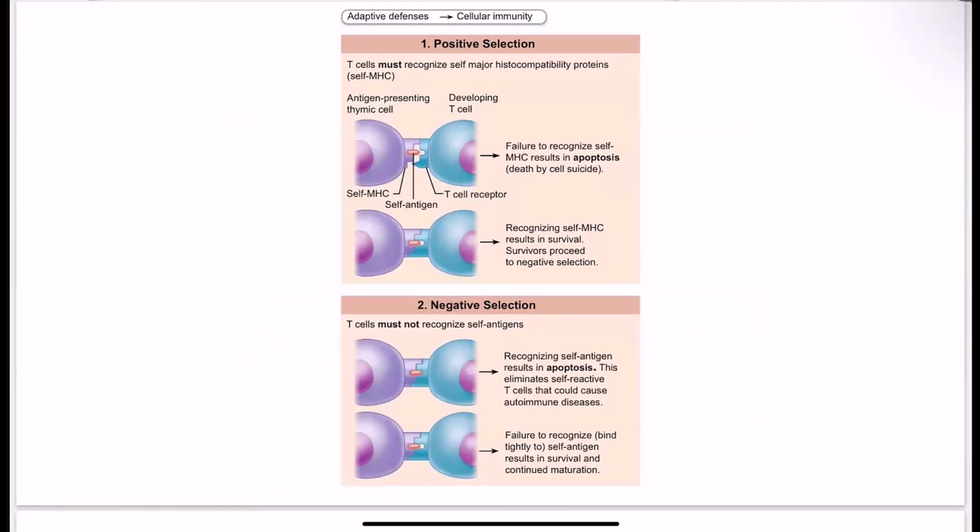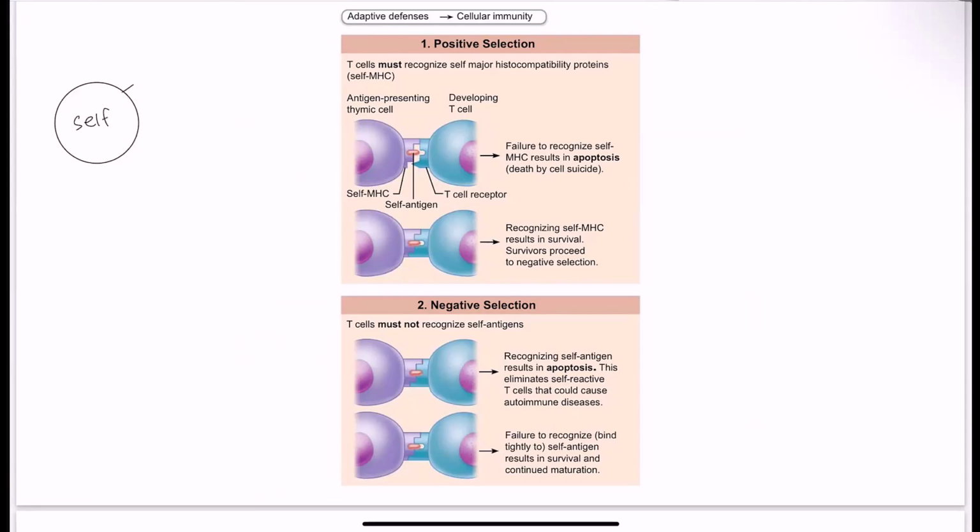While maturing, T cells and B cells must pass a series of tests in order to keep being those cells. This is important because T cells specifically need to recognize self proteins. On the surface of our cells, here's a cell, this is a self cell.